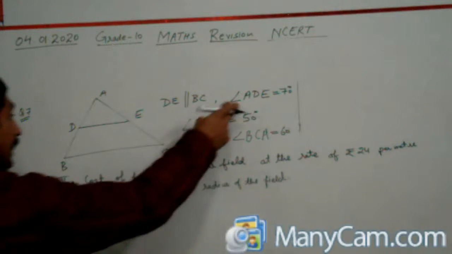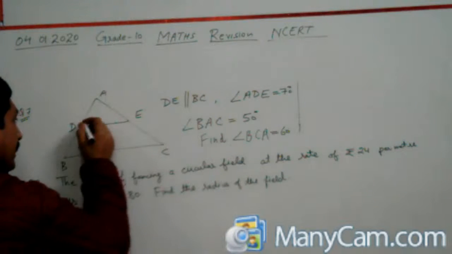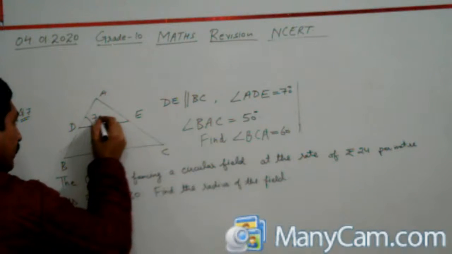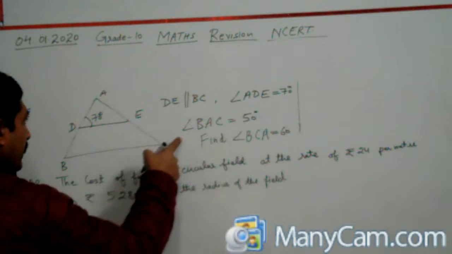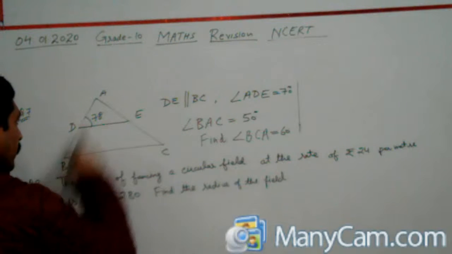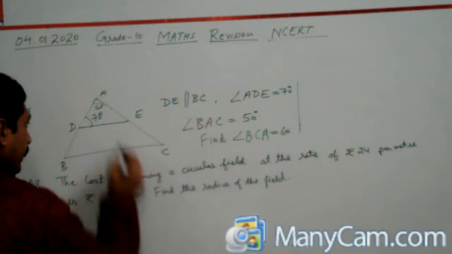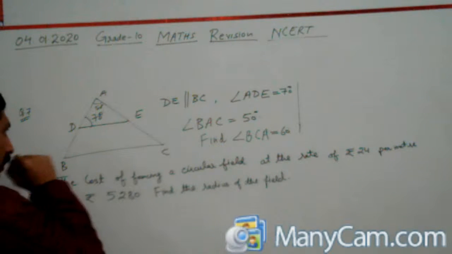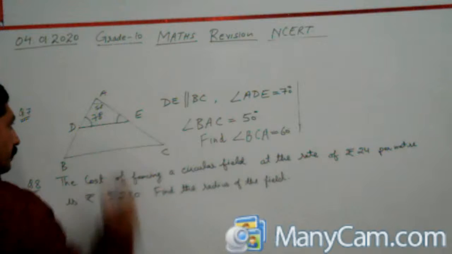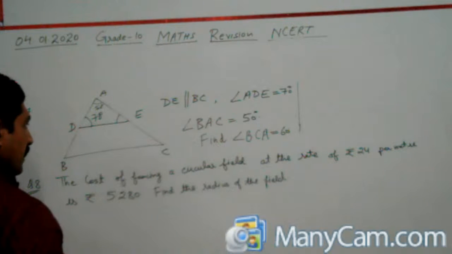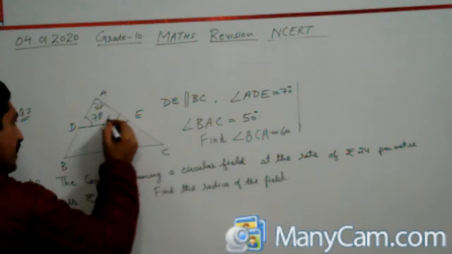Here angle ADE, this angle is given 70 degree. And angle BAC, this angle is given 50, right? So this angle BCA is 60 degree.